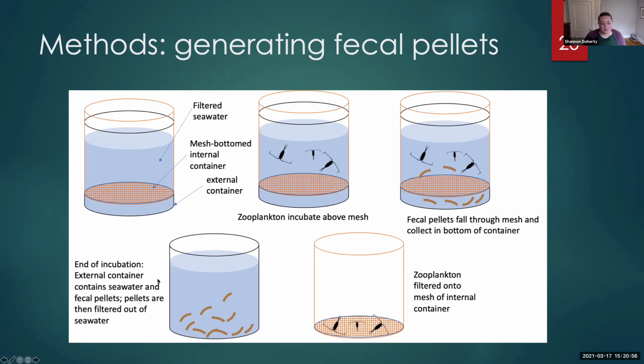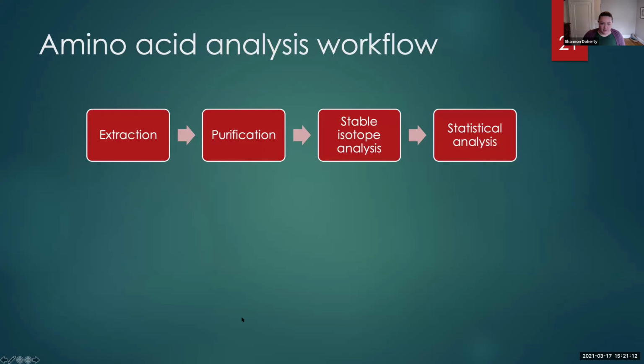And at the end of the incubation, we can separate these 2 containers, and we'll have an external container that contains seawater and fecal pellets, and we'll have that interior container where zooplankton have collected onto the mesh of the internal container. So I'll filter the fecal pellets out of this, and then I will analyze them. So first we extract the amino acids, then we purify them so we know we have a solution of only amino acids.